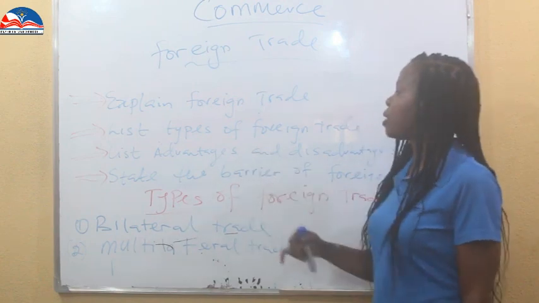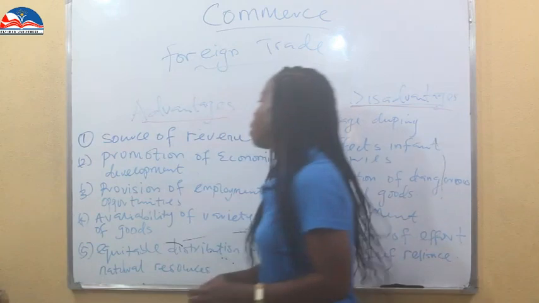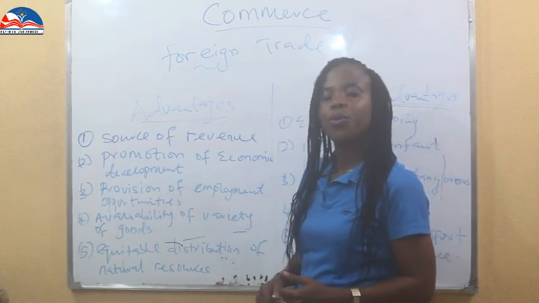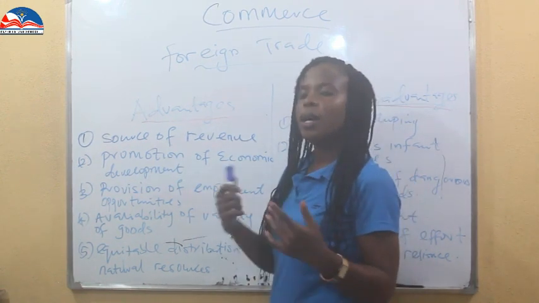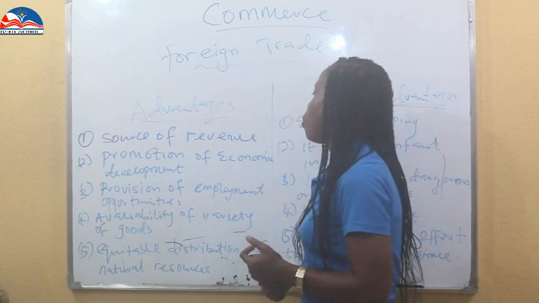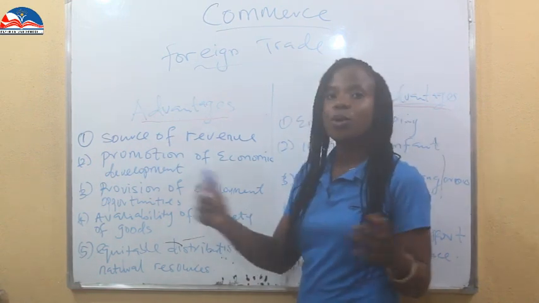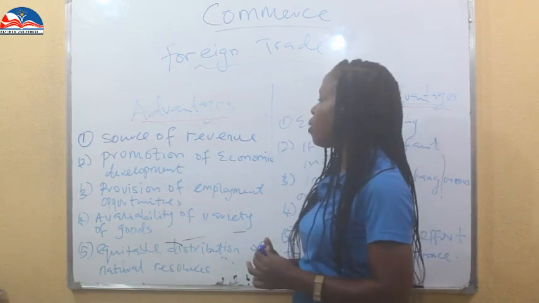Now we'll go to the advantages and disadvantages of foreign trade. Advantages, we have source of revenue. For example, crude has become the major source of revenue for Nigeria, and tax is imposed on imported goods. Promotion of economic development, because trades are carried out between other countries, it leads to economic development.